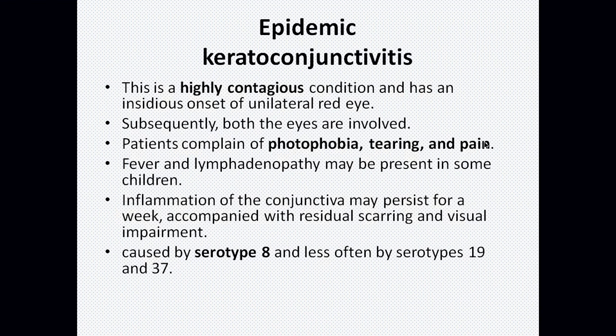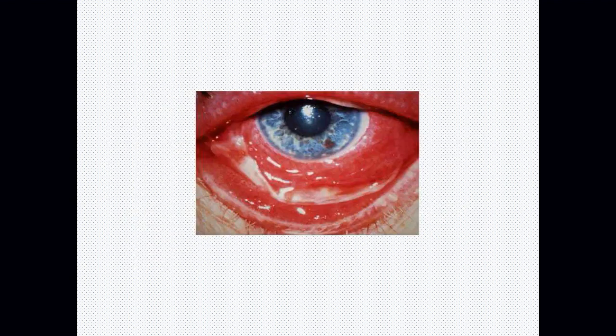The patients mainly present with severe photophobia, watering of the eye and pain. Along with that, fever and local lymphadenopathy can also be noted. This epidemic keratoconjunctivitis is mainly caused by serotype 8 and may also be associated with serotypes 19 and 37.